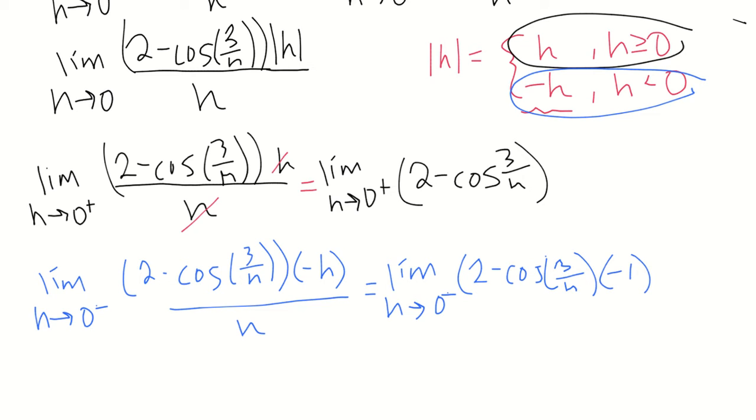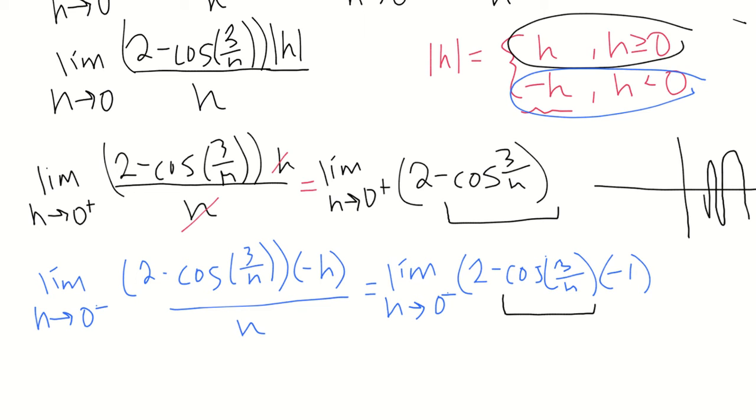Okay, so looking at both these right and left-hand limits, if you think about those graphs that I drew earlier, there's now nothing pulling down these cosine graphs. So what that means is that the graph of this derivative function as we get close to 0 is just doing this.